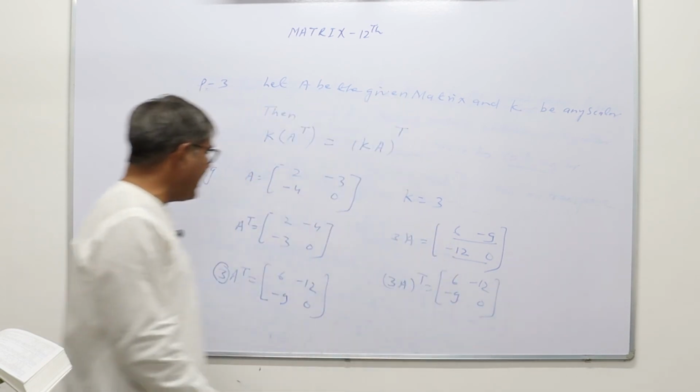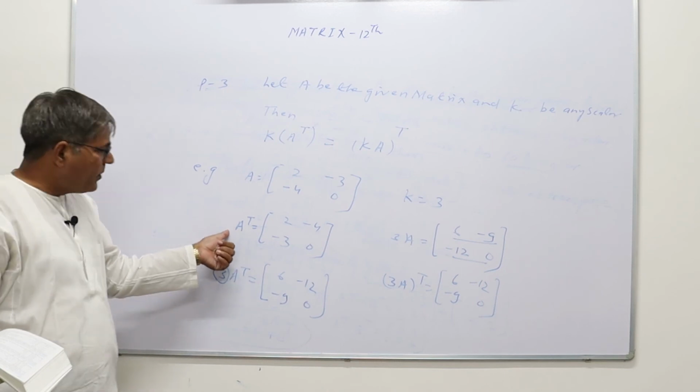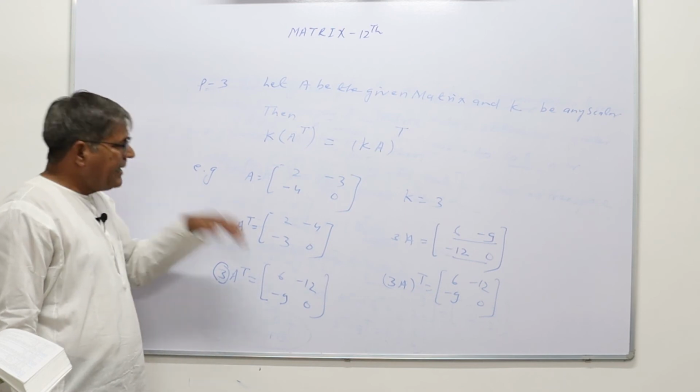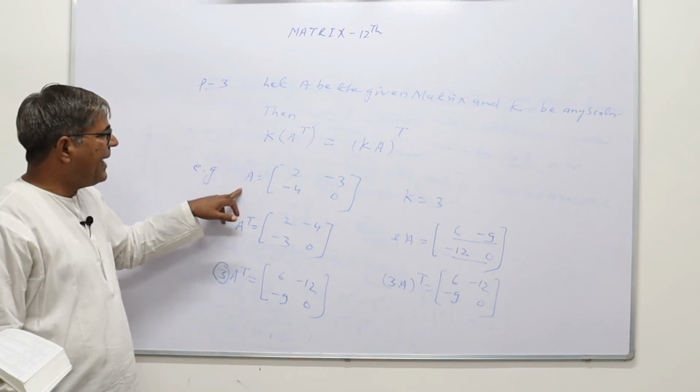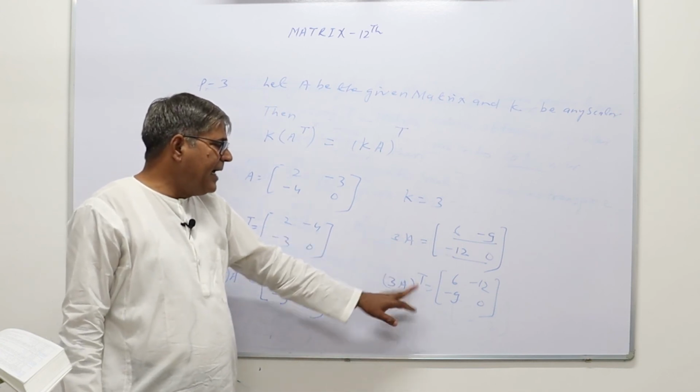So what we did here: one time we first found the transpose of the given matrix and then multiplied with the scalar 3. In the second case, we first multiplied the given matrix with the given scalar and then found the transpose.